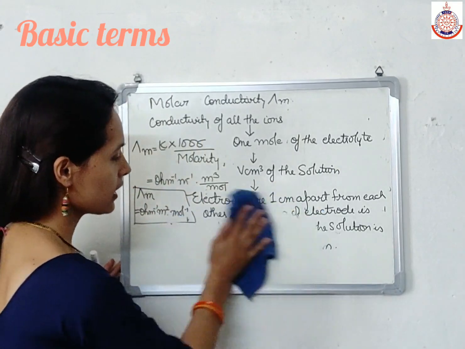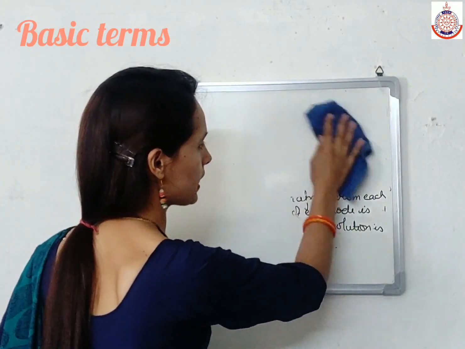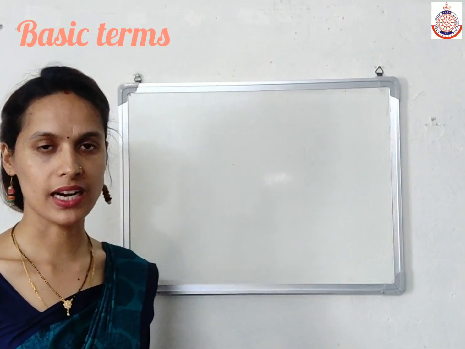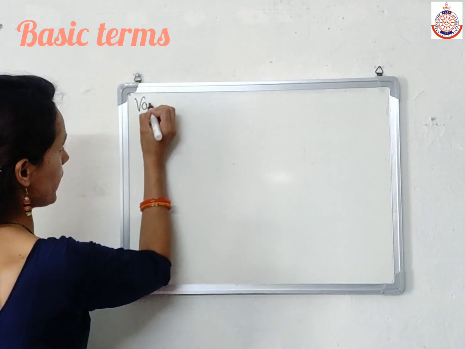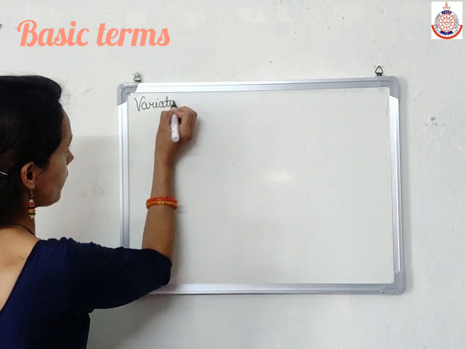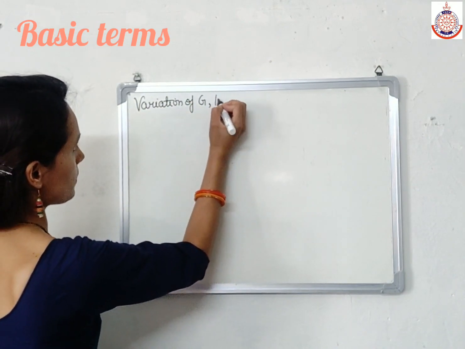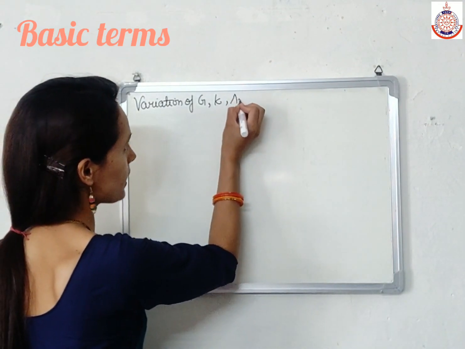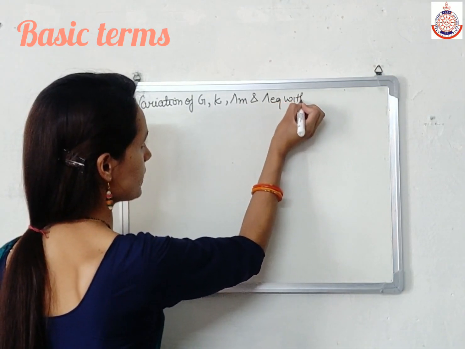Now we will study the variation of conductance, specific conductivity, equivalent conductivity and molar conductivity with dilution. Variation of conductance represented by G, specific conductivity represented by K, molar conductivity and equivalent conductivity with dilution.